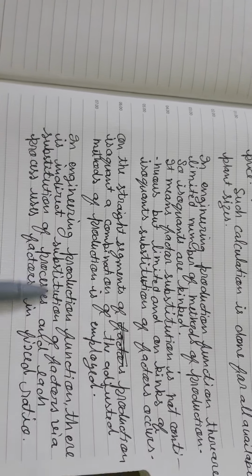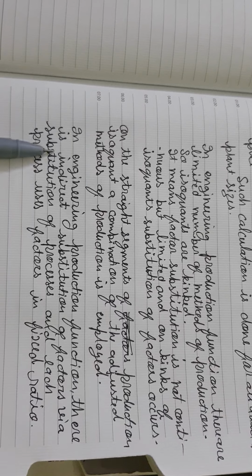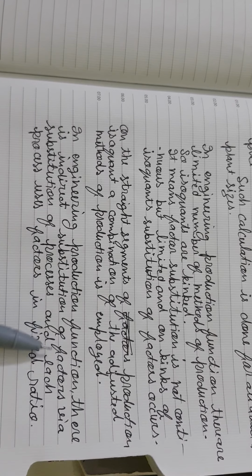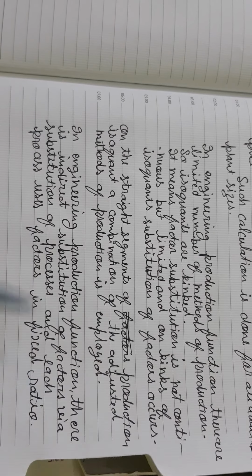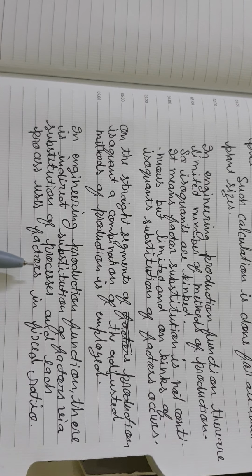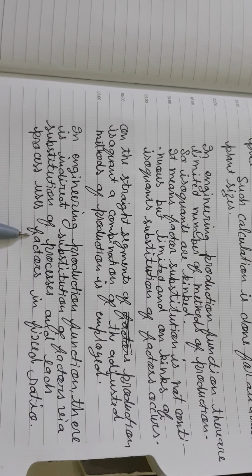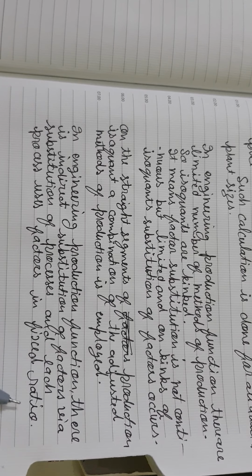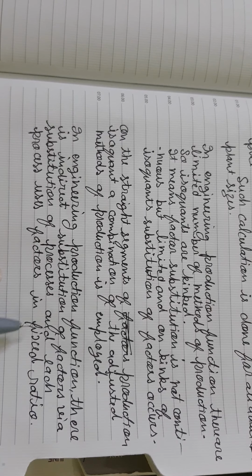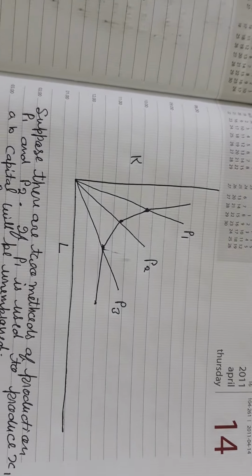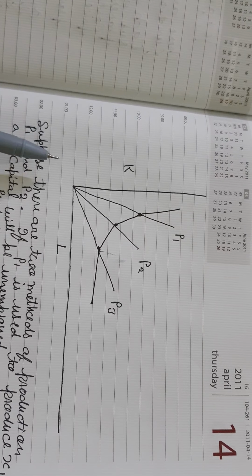In an engineering production function, there is indirect substitution of factors via substitution of processes, and each process uses factors in a fixed ratio. It means for every type of production method, we use some particular input ratio which is fixed. So as I have already shown you, this type of isoquant we use.